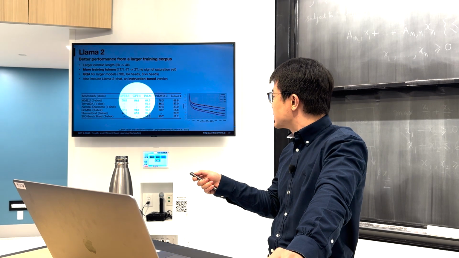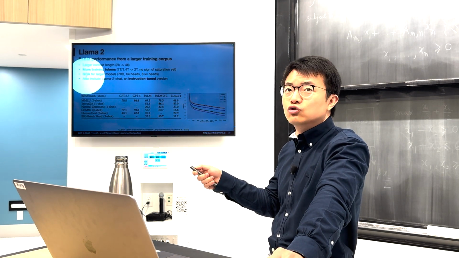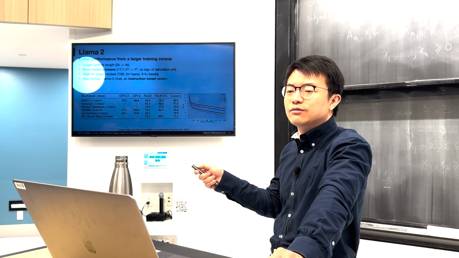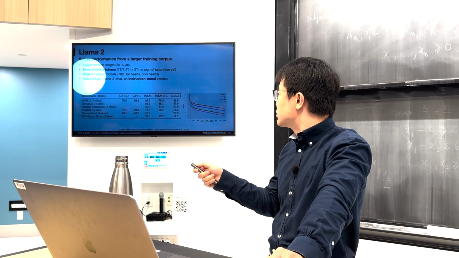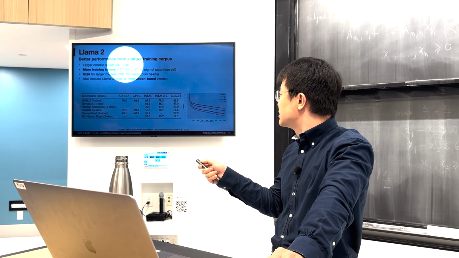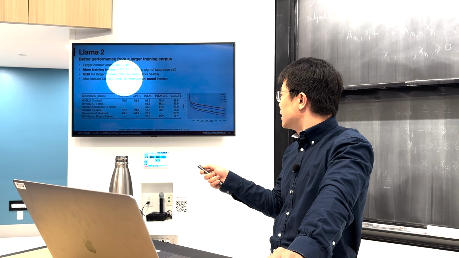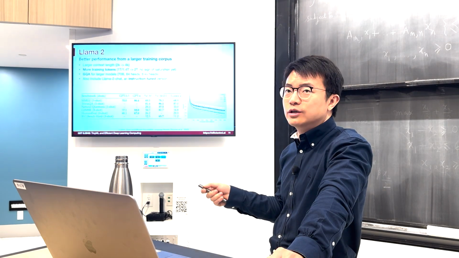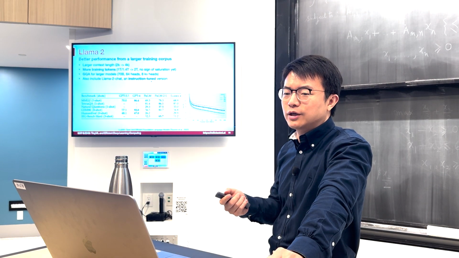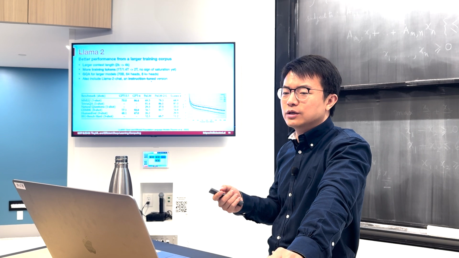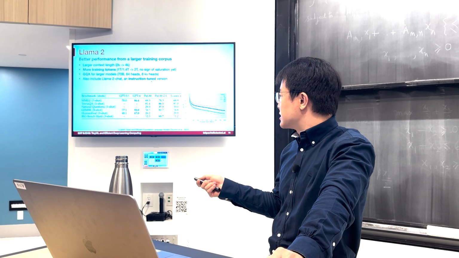Llama 2 introduces GQA, the grouped query attention, to save the size of the KV cache so that it can fit longer context. This is for the 7B model. It also introduced an instruction-tuned version, using supervised fine-tuning to align with human preference. That's Llama 2 Chat.